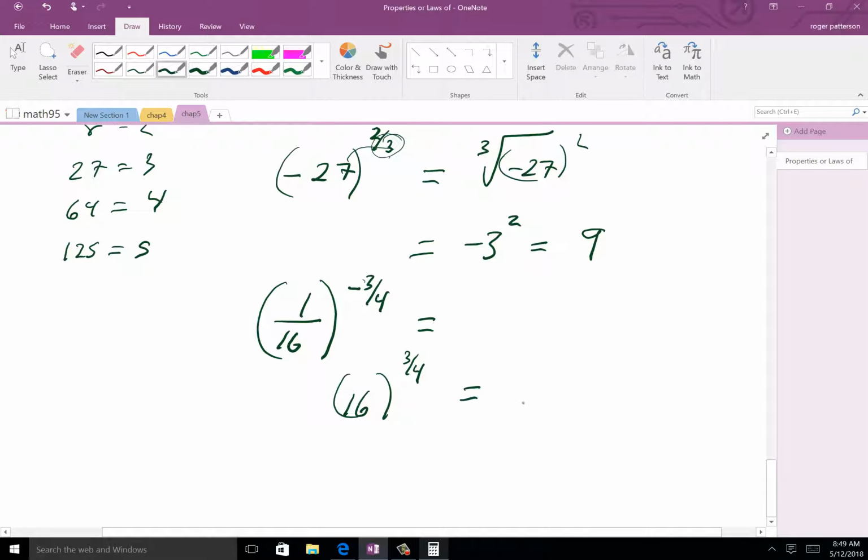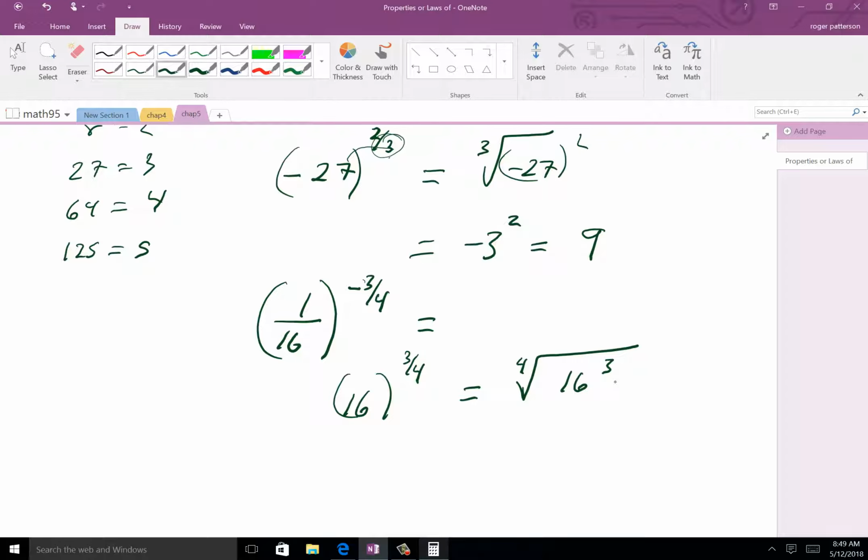Okay, now I'll write it in radical notation. So what are we taking the root of in this case? What root is it? 4th root of 16 to the 3rd. Okay, again, see, to me, it's like, I want to do this first, okay? Because it kind of makes sense the way it is written there.